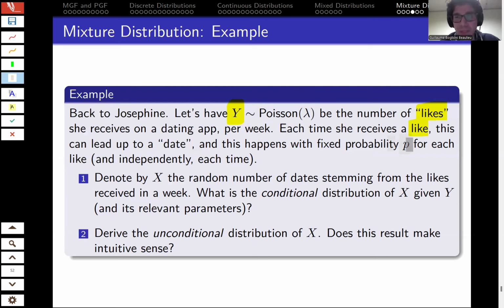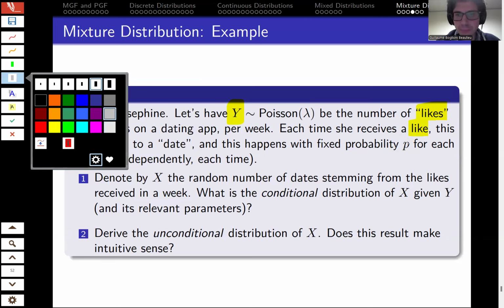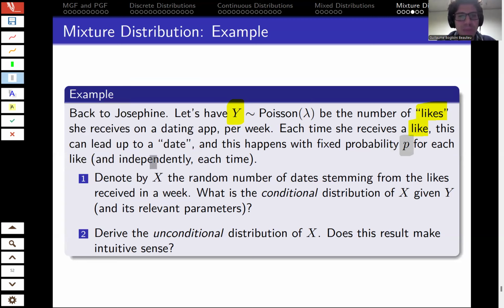So there's a probability that a like leads to a date, and we call this probability little p. And independently here, we do need the independence assumption. She gets a like from somebody, there's some probability she goes on a date with this person, but she goes on dates independently for each like received. That's the setup.